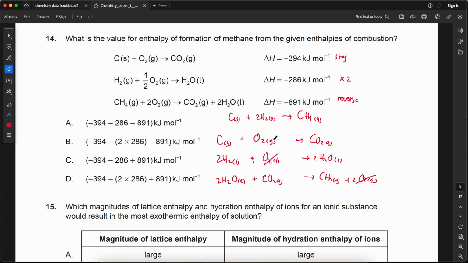This will be finished because we have 2 O2 and CO2 and H2O also, so we've got what we are looking for. It stayed the same, so negative 394, and then times 2, so between this and this, and the reverse should be plus. Therefore the answer is D.